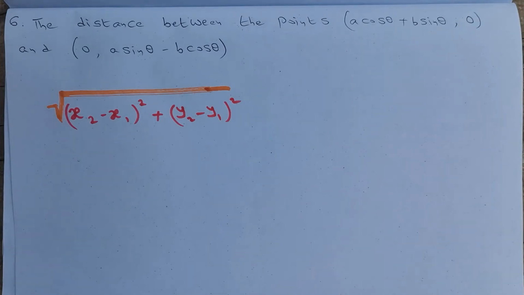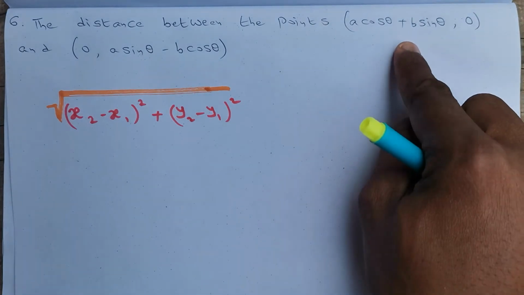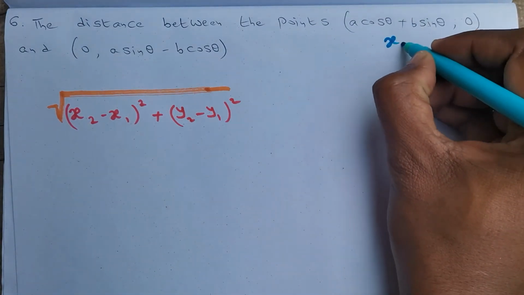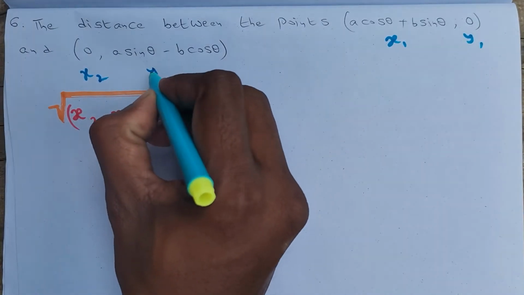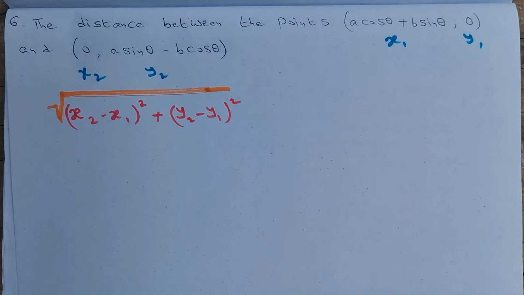First let us make clear what is x1, x2, y1 and y2. In the first point, this is x1 and this is y1. From the second point, this is x2 and this is y2. Okay, now let us substitute.